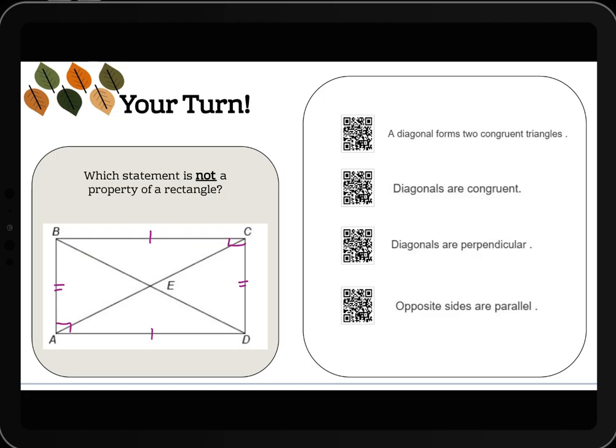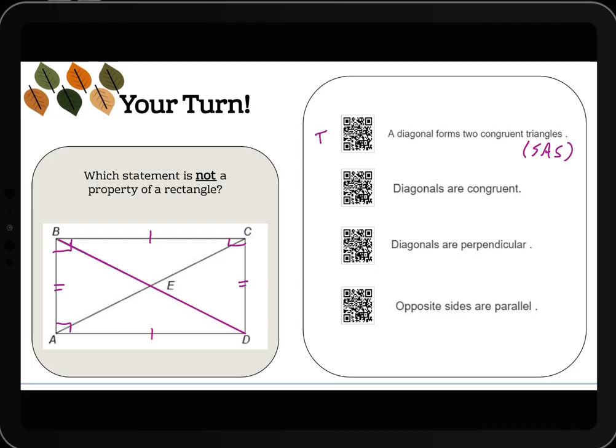So take a look at this single diagonal right here, for example. This diagonal does in fact create congruent triangles because you have side angle side congruence. That's not the only one, but it's one of them. So that's a true statement.